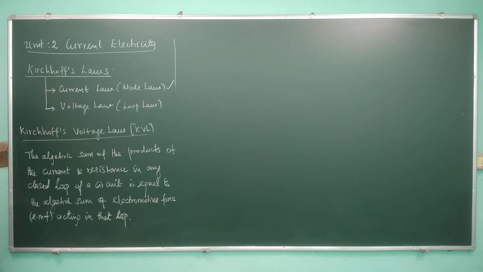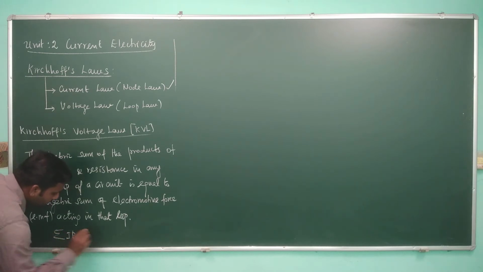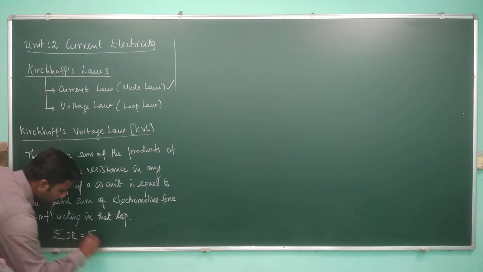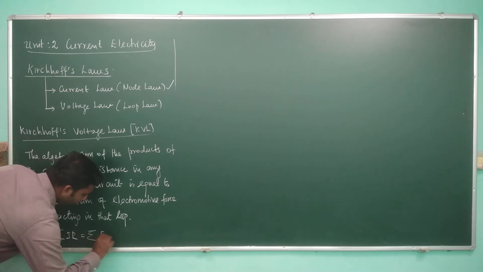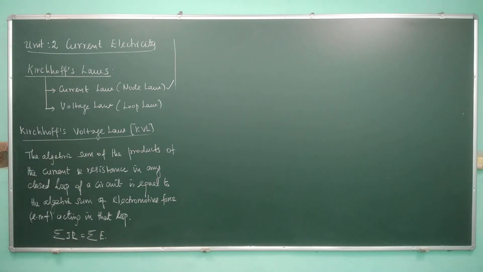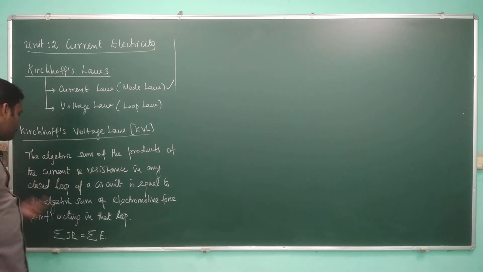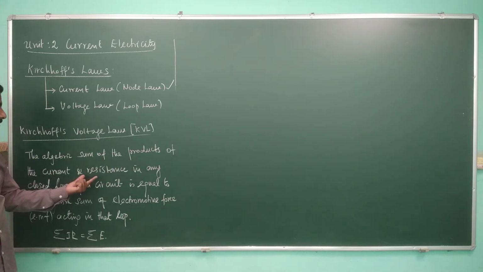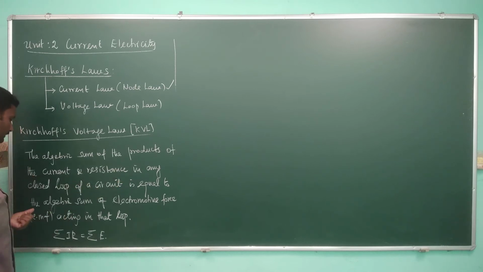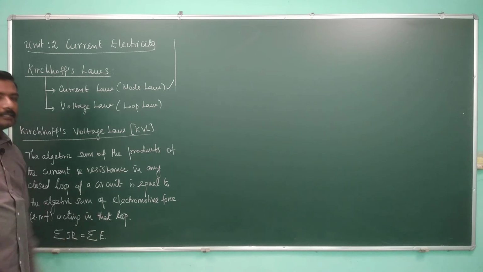This is the summation of current and resistances, which is equal to the summation of batteries. According to Kirchhoff voltage law, simply said to be KVL, the algebraic sum of the products of the current and resistance in any closed loop of a circuit is equal to the algebraic sum of the electromotive force acting in that loop.